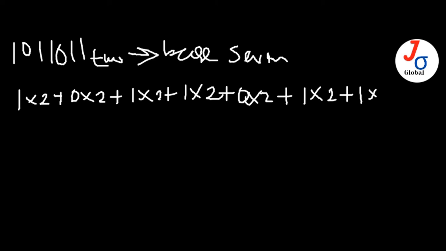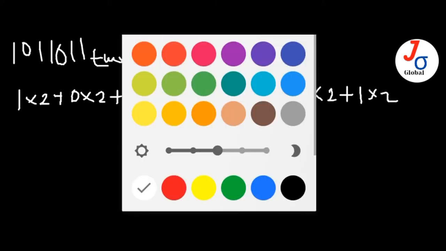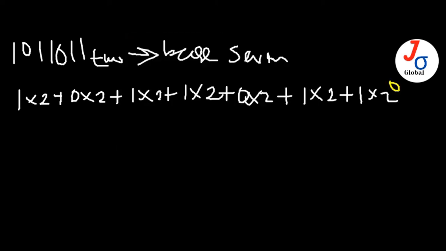So I'm going to give the base a power from the right: 0, 1, 2, 3, 4, 5, 6. Okay, then 2 to the power of 6 is actually 64, so that's 1 times 64. Then 2 to the power of 5 is actually 32.